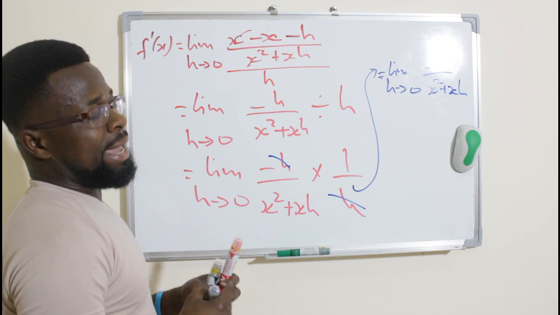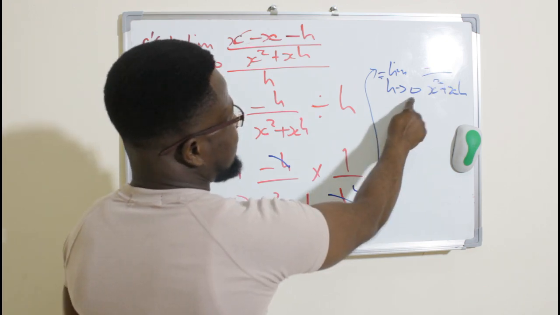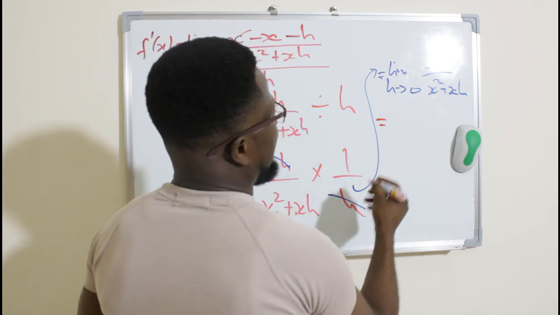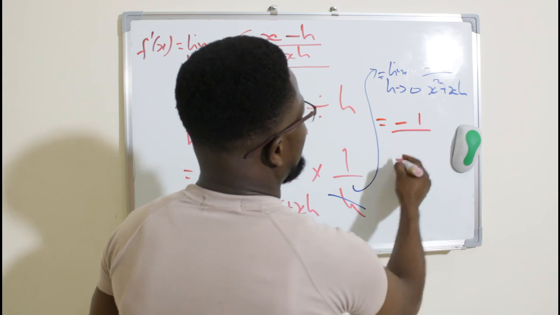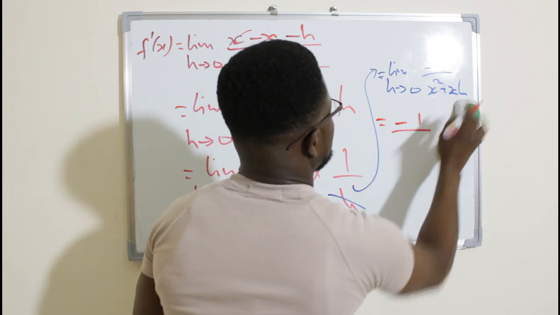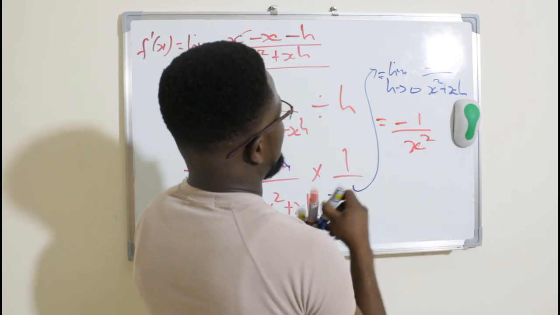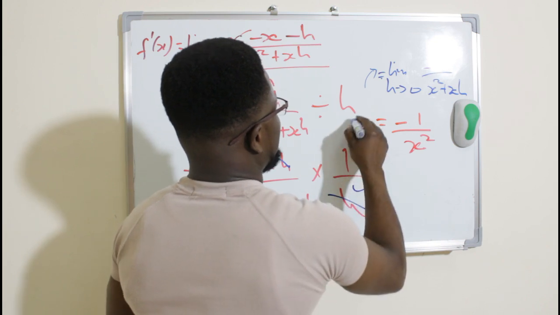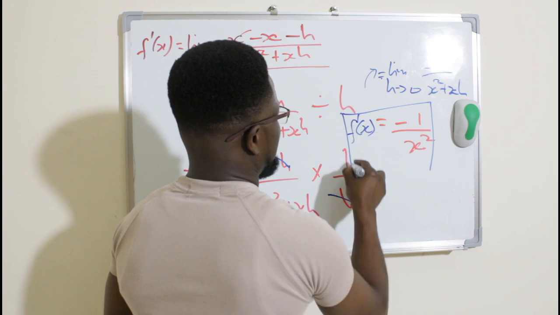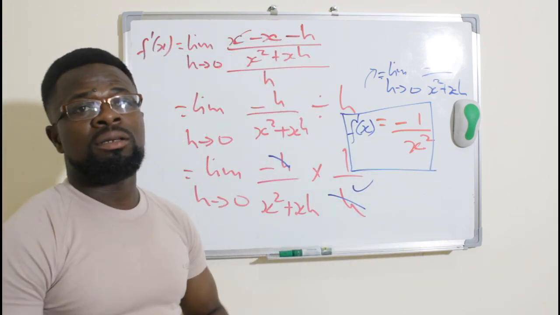And now remember again that what we said is that each time we have anything like this, we are now taking the limit of this function. If you take the limit of the function, our final answer is going to be negative 1 all over x squared. Let me write it well. x squared. And that is what our answer is. Let me write here, this is f prime of x, and that is giving us this as our final answer. And that is that about question number 3.